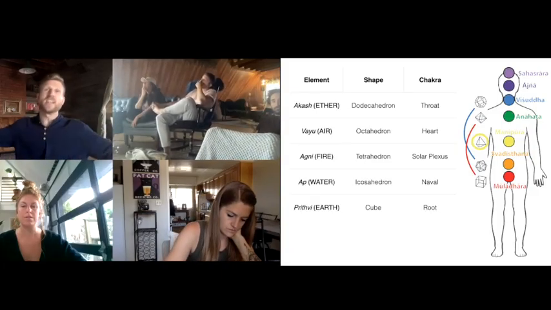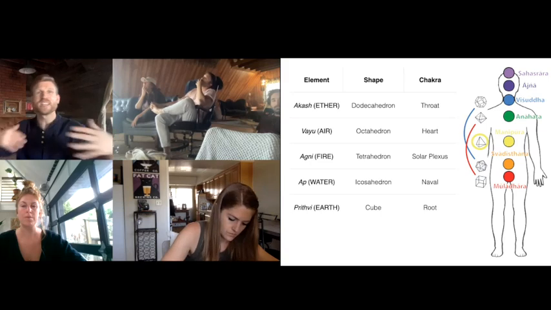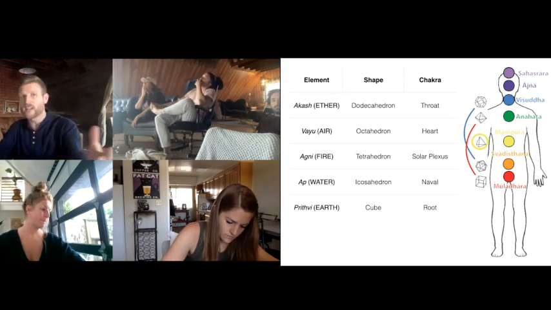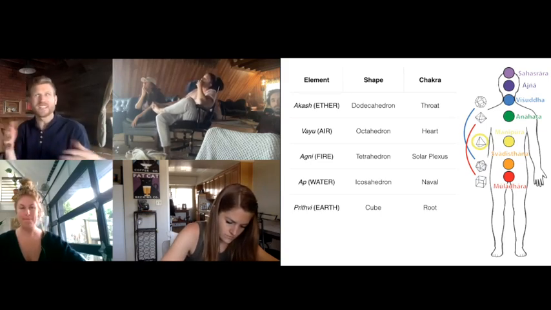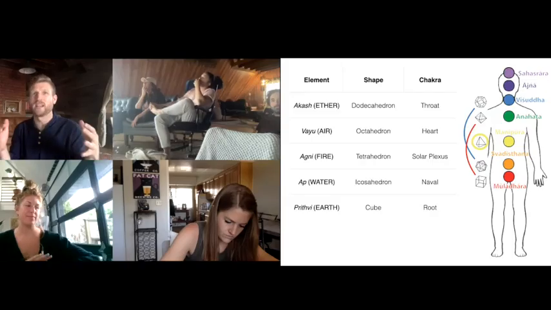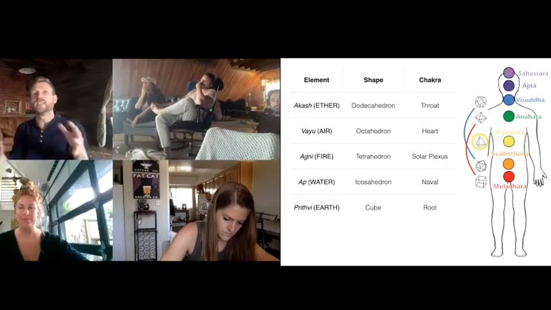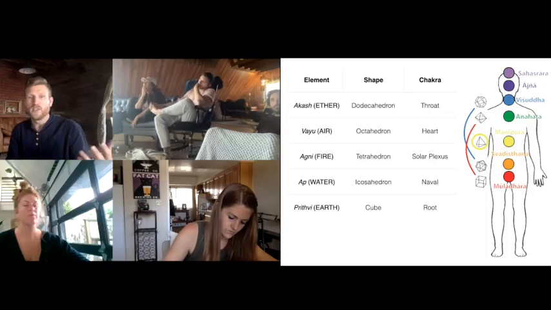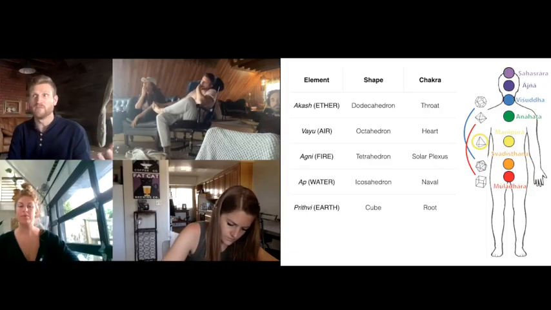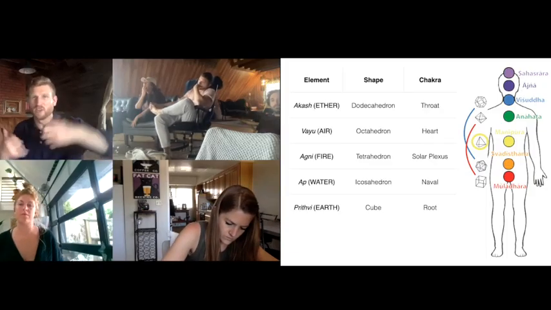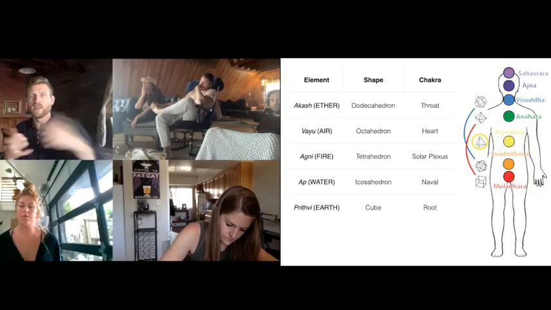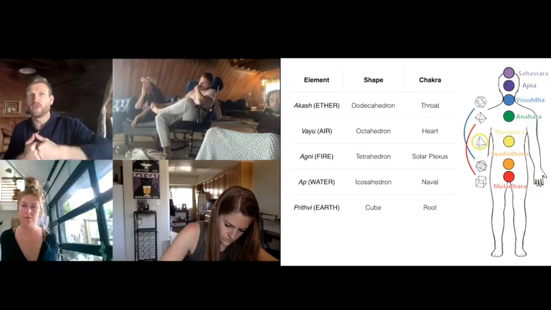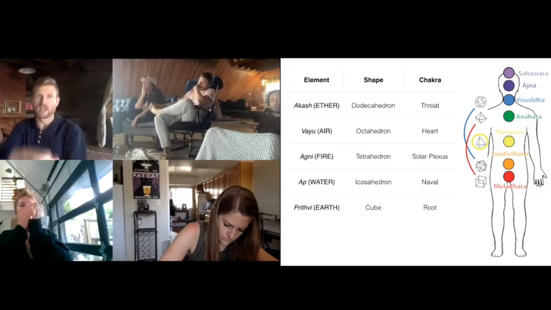Ether is actually the container for all of this. And so it doesn't really exchange. Ether's not giving out triangles or taking any back. It's got pentagons. It doesn't have triangles. And so it's not really interacting. And then the cube, again, you can make a cube out of triangles, but they're all fixed together. They're a little more fixed together, right? You have to fuse triangles together in order to create a square to then create a cube.